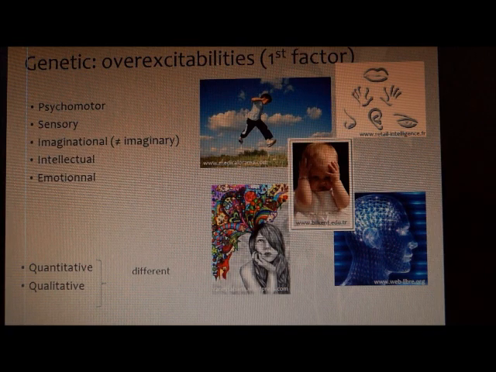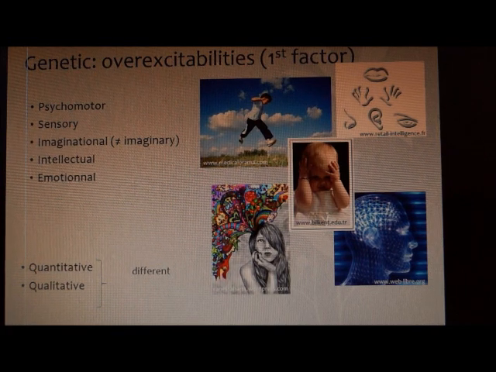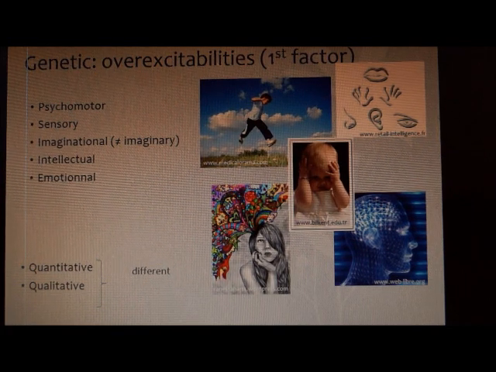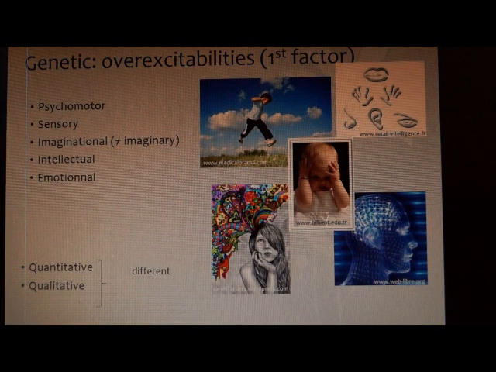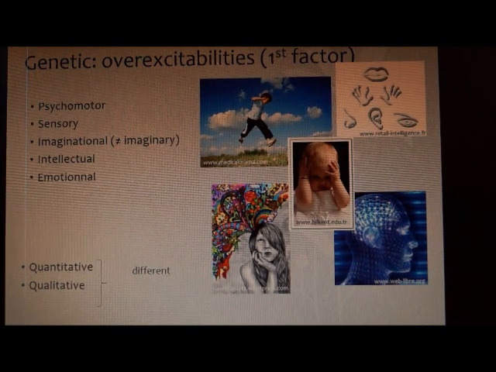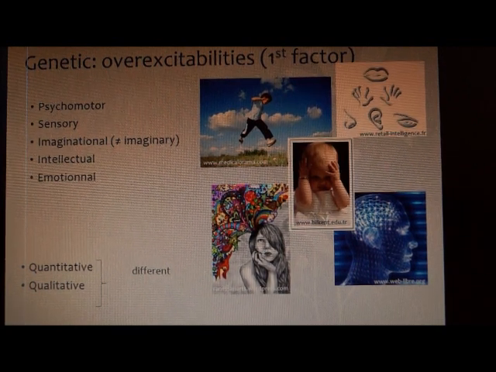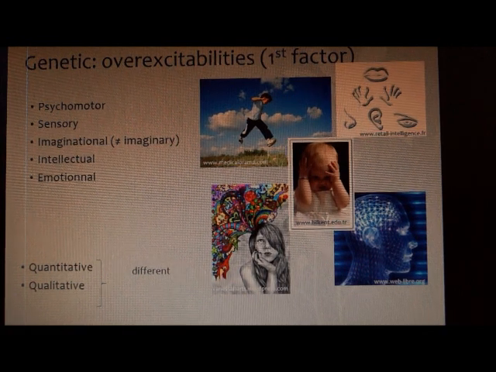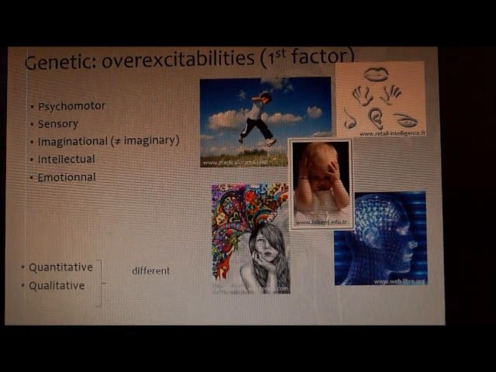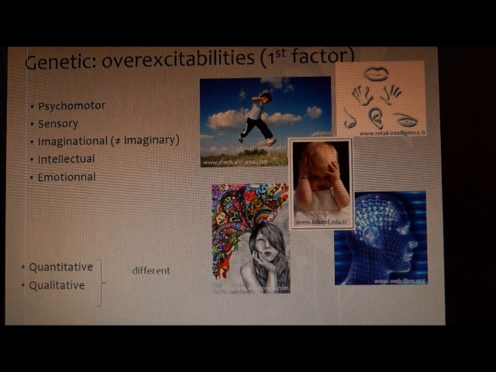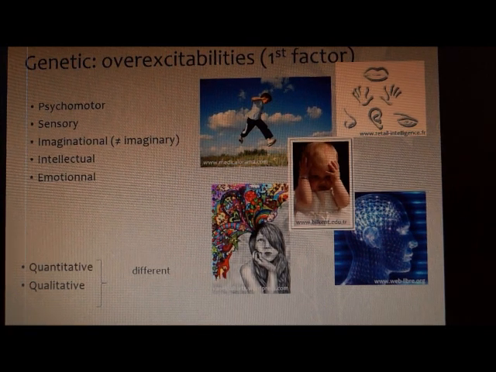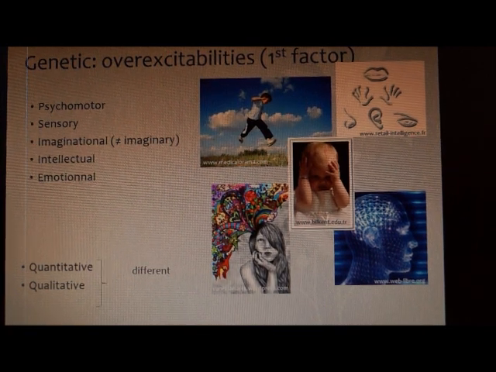And you will notice that this word is a new word that Dabrowski made up for this purpose, and it has a different meaning to imaginary, which means not real. The fourth one is the intellectual overexcitability, which is represented in people who like complex problems and complexity, puzzles.